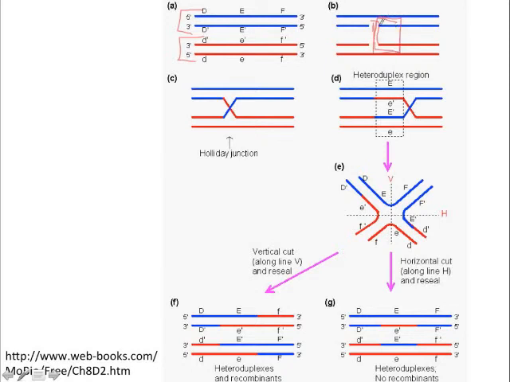So you've got base pairing here, you've got base pairing here, but if these two sequences right here are virtually identical, well then instead you could have the red base pair to the blue and the blue base pair here, and we can get branch migration, where now instead of the blue base pairing with the blue, we have the red and blue base pairing together.